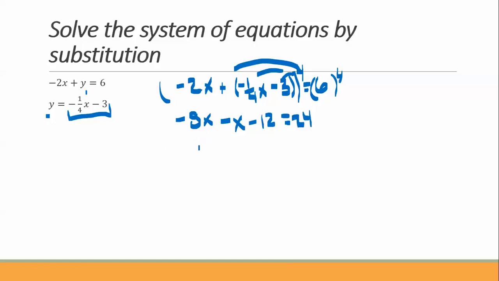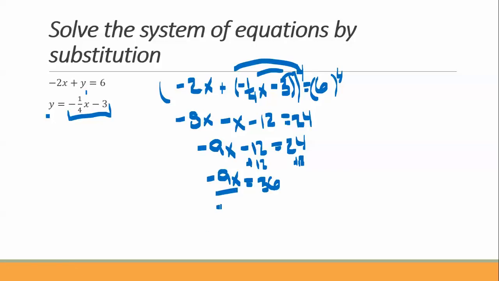So now over here we have -9x minus 12 equals 24. We're going to add 12 to both sides. -9x equals 36. And then divide by -9. So x equals -4.